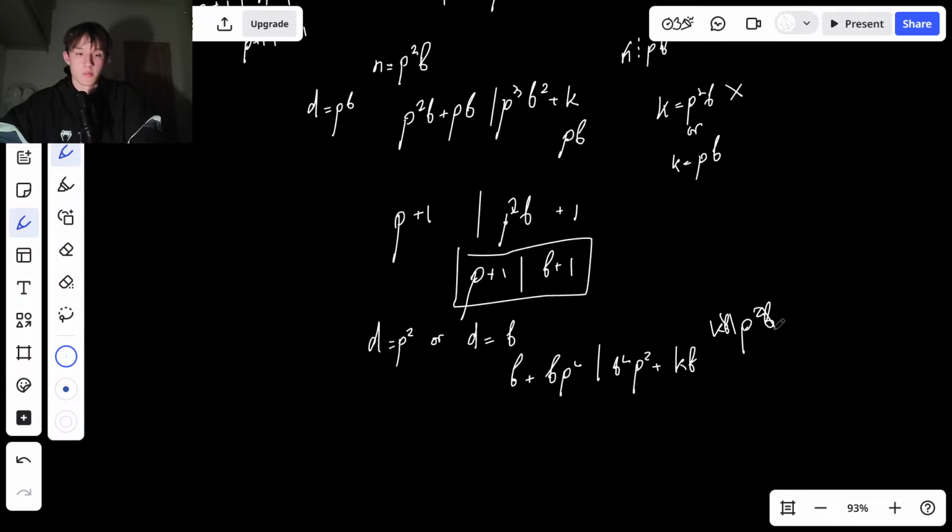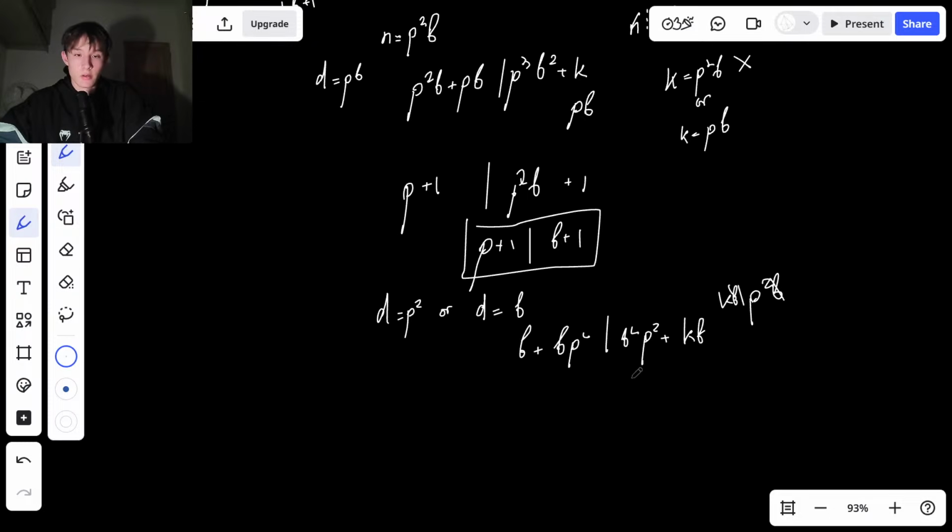So k divides p squared. Now I can cancel the b out and get 1 plus p squared divides bp squared plus k.